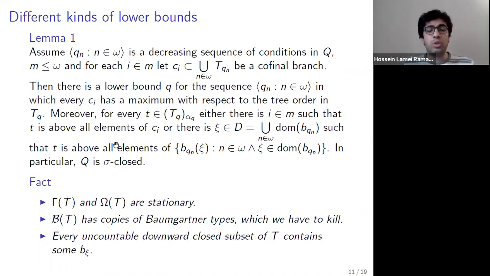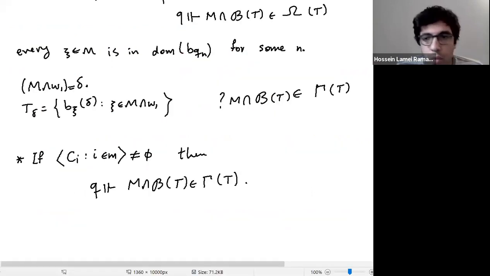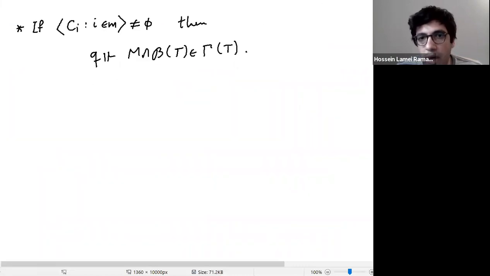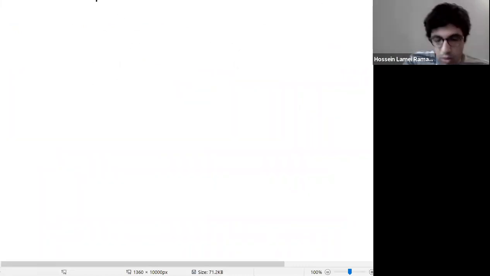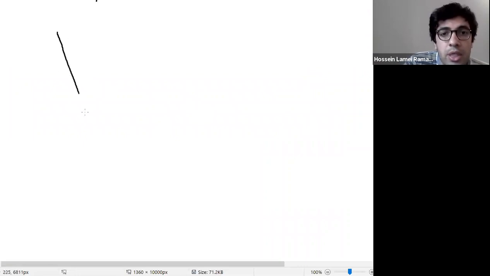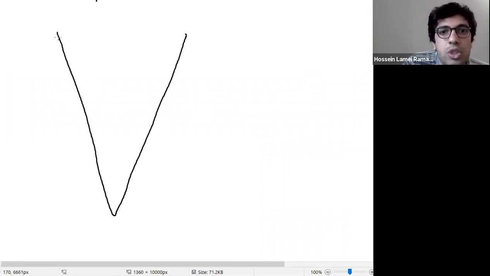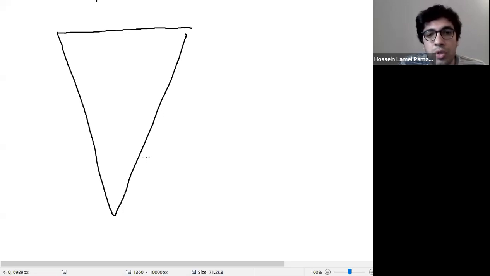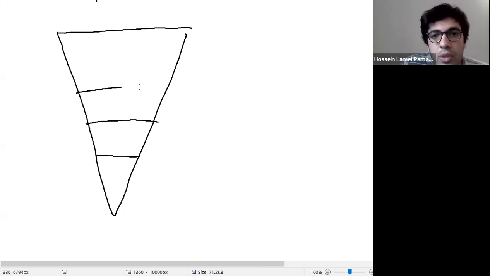Okay, we're not going to use this fact, but it's good to know that in the generic extension by Q, we are going to have some elements like this. So suppose that we are in the extension by Q, and this is just the generic tree. This generic tree is going to have some elements like this.